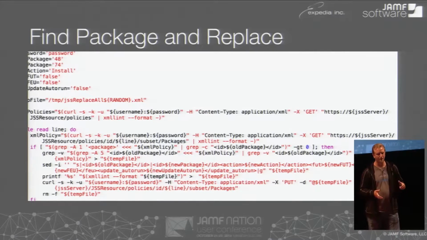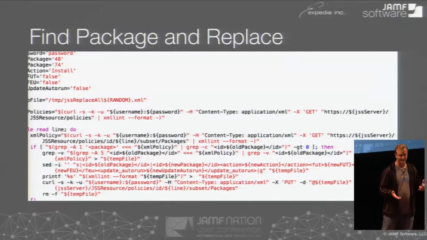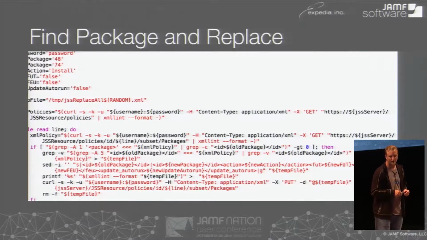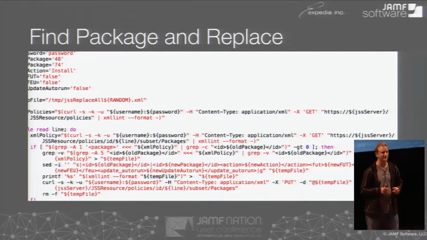Like I mentioned before, there's a lot of information about each package in a policy. There are specifically 5 lines. So I'm using grep to grab all 5 lines after the ID, and then getting rid of everything except the ID portion and deleting it. Basically all I'm left with is the ID tag, the actual ID of the package, and the ID tag that ends it.